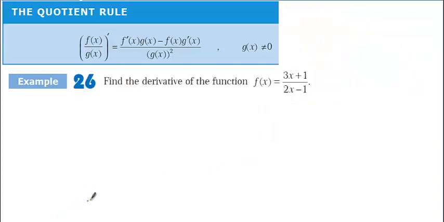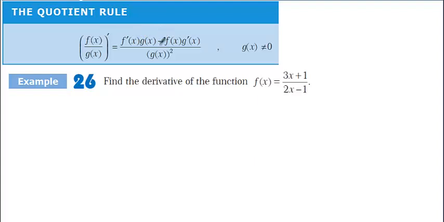Okay, now we are going to learn the quotient rule, the derivative of the quotient, the derivative of the division. It's like the addition rule and multiplication rule.